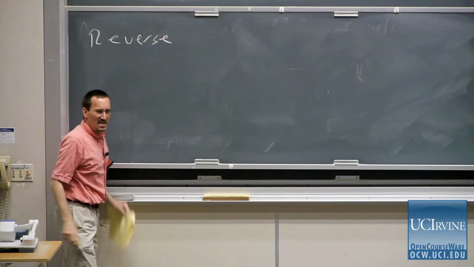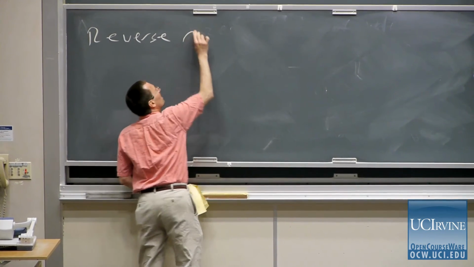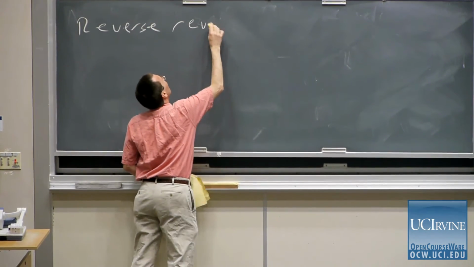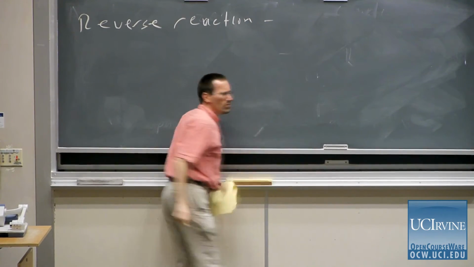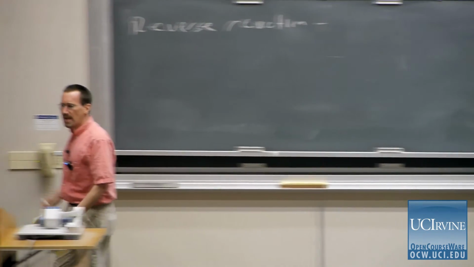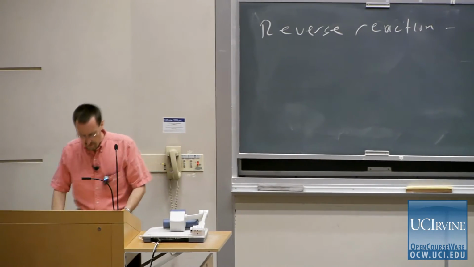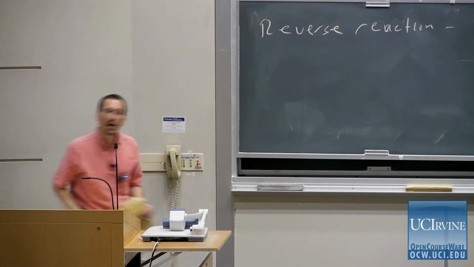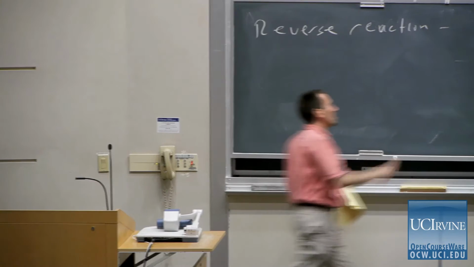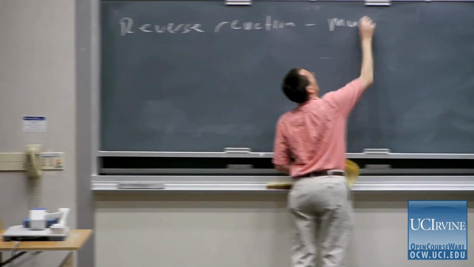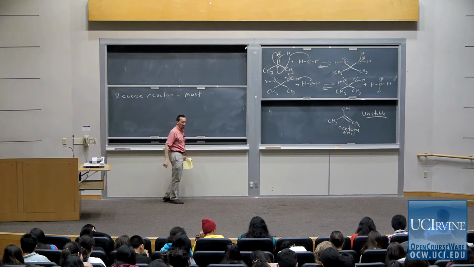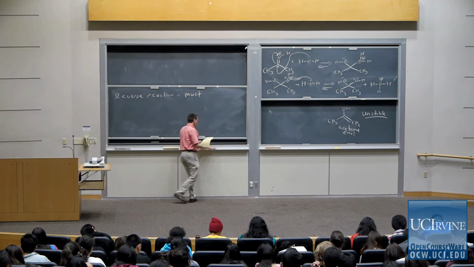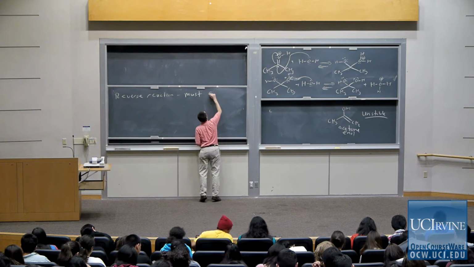And I'll give it a fancy name in a second. The reverse reaction must go through the exact same pathway that the forward reaction went through under these conditions, but in reverse. In other words, in acid, the reverse reaction, which we're about to see in a second, must go through the same mechanism.